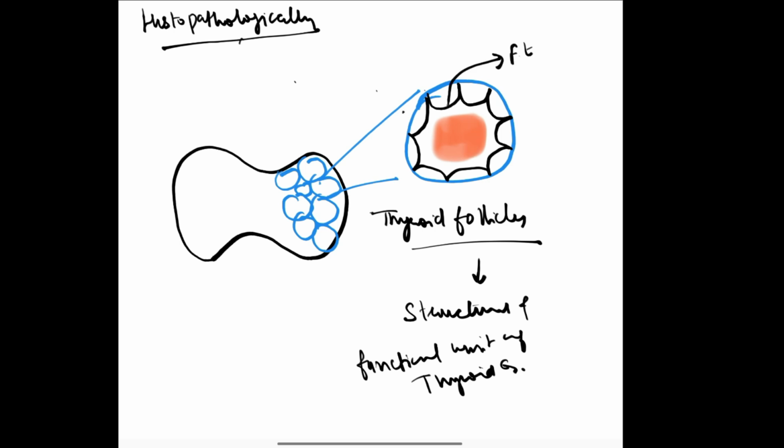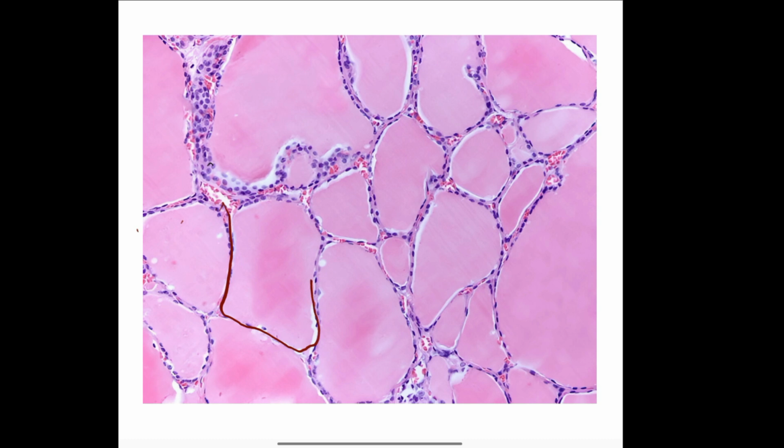These epithelial cells are called follicular epithelial cells, and this is the colloid. These are round structures called thyroid follicles, made of small epithelial cells that surround a central lumen filled with colloid.